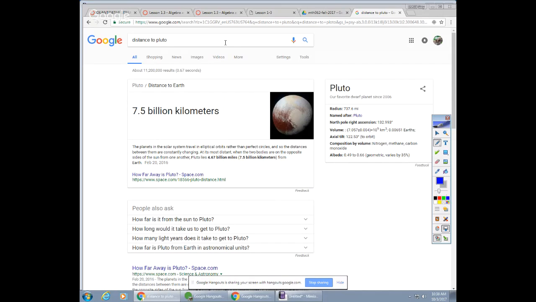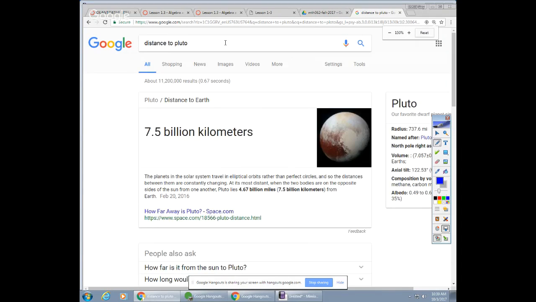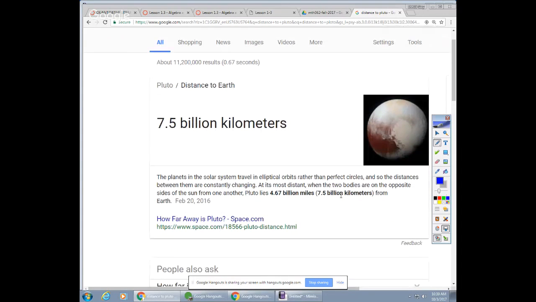At its most distance, what two bodies are we talking about here? From Earth. Okay, so it's somewhere between 4.67 and 7.5 billion, according to space.com. All right, so closest 4.67.